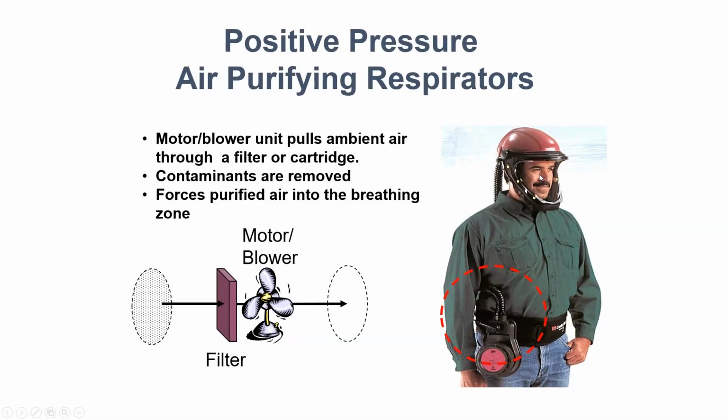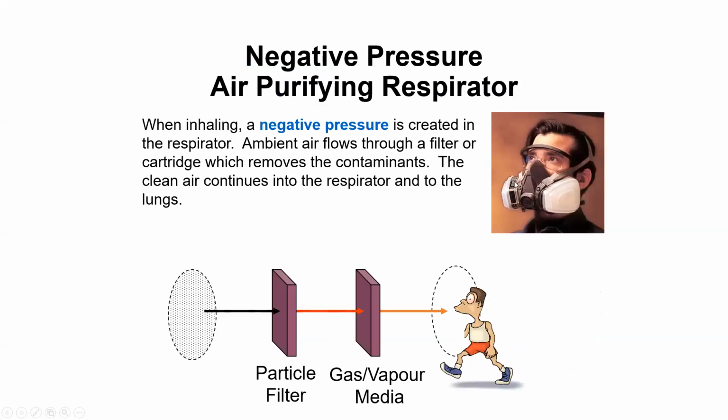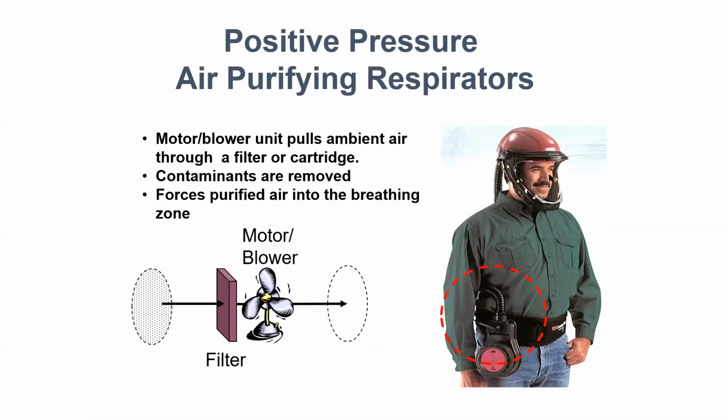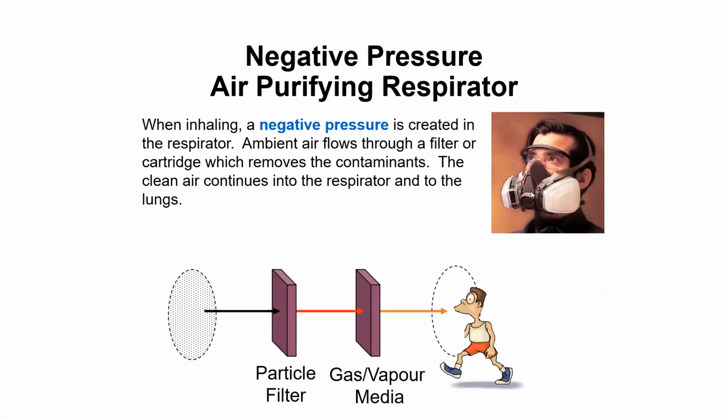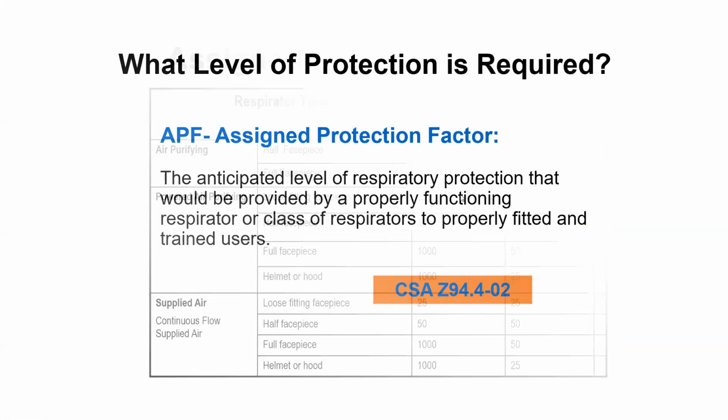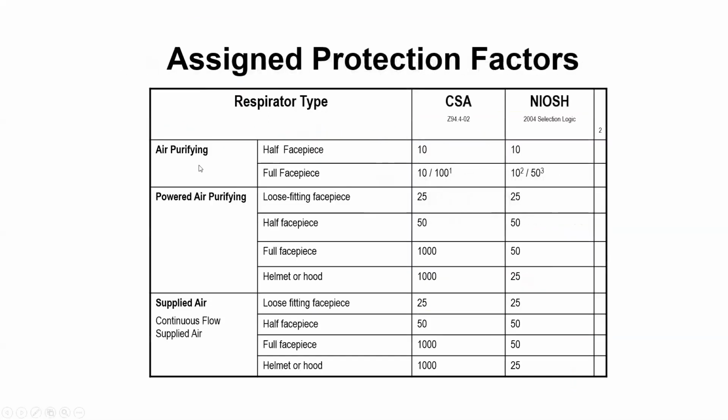So the possibility of contaminants sneaking in is a lot lower than when we have a regular negative pressure half-face respirator. That's why assigned protection factor for negative pressure half-face air purifying respirator is just 10.